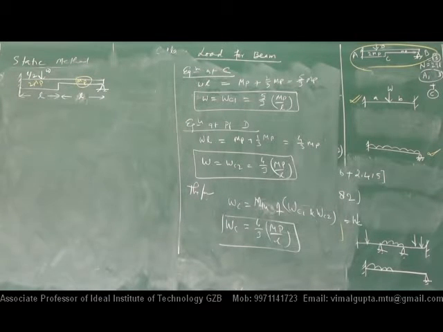If that situation is here, and we want to find the value of collapse load W by static method, then what do I have to do?